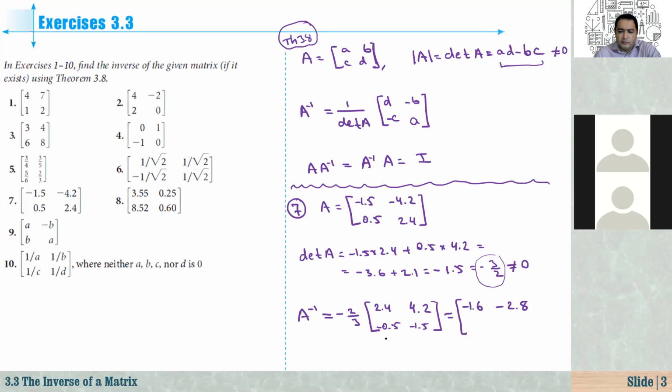And here 1 over 2, they cancel each other, that's equal to minus 1 over 3. And minus 3 over 2 times minus 2 over 3 is equal to 1. So that is the inverse of the matrix.